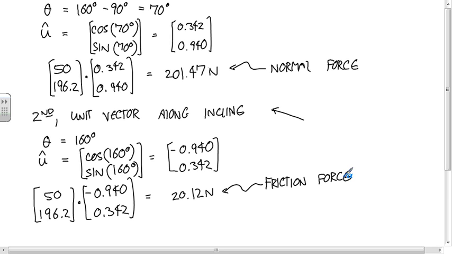So either way you get the right answer. It's just a matter of interpreting it. That was just a matter of guessing which direction the friction force would be. If you guessed right, you get a positive. If you guess wrong, you get a negative. And it gives you the right answer either way.